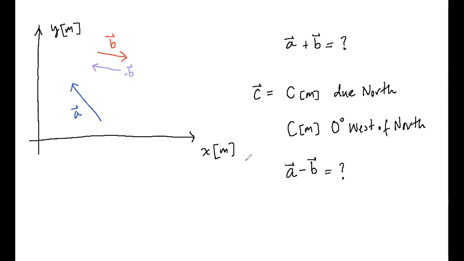Once I have minus B, I can add it to A, again by going head to tail. So let me see if I can select this. I'm going to pick this up and move it over to here.